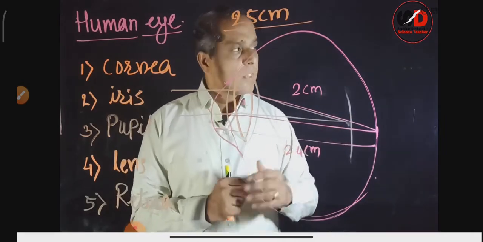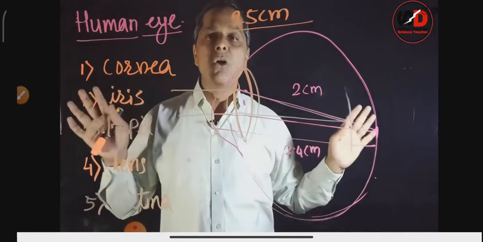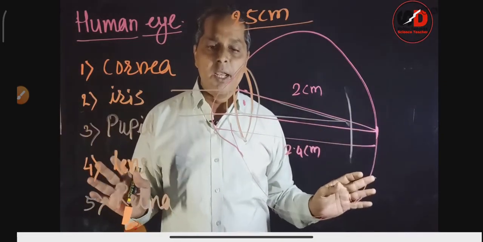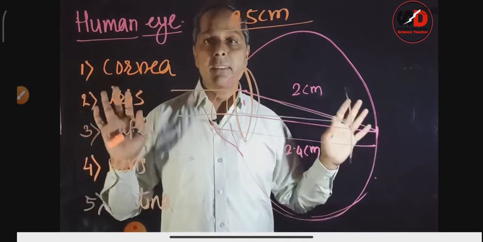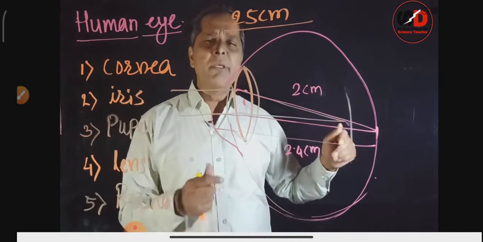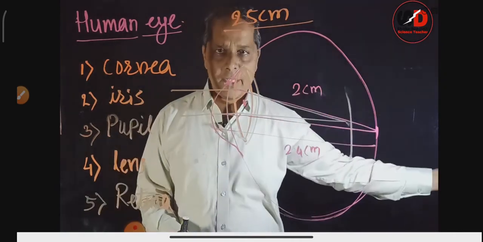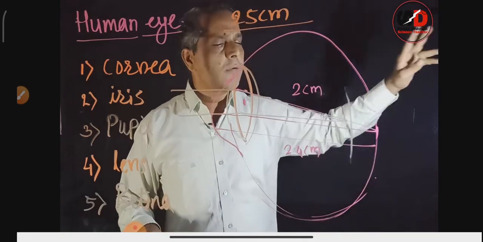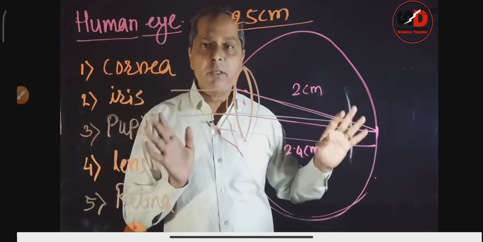Far point means the furthest distance at which we can see without any stress on the eye. And for a normal eye, it is infinite distance. Infinite distance means from 25 centimeter up to infinity, we can see all the objects very clearly without any stress. So that is the far point.